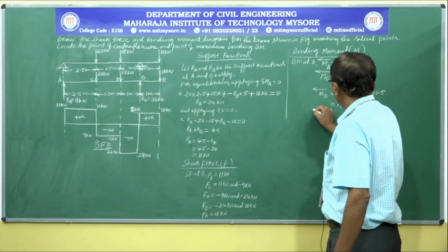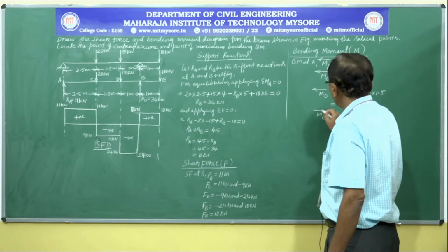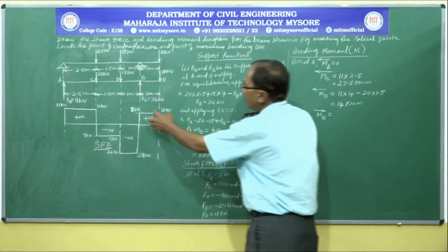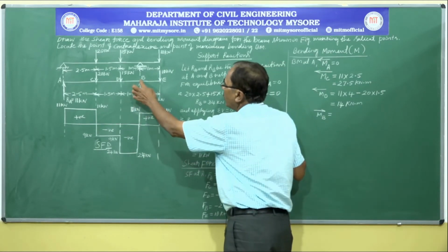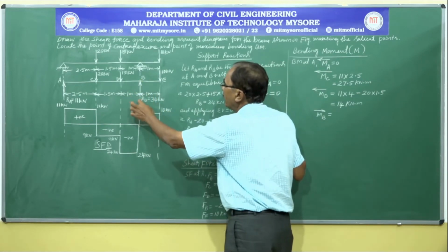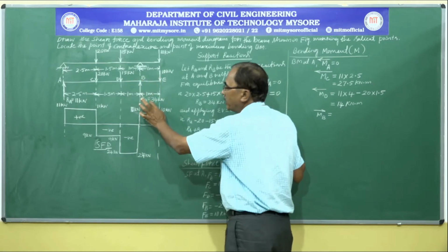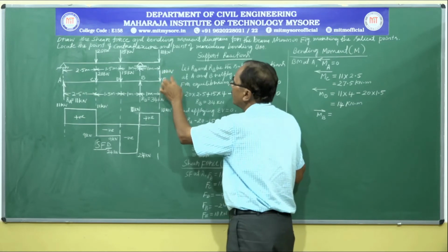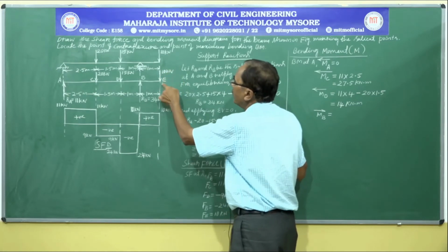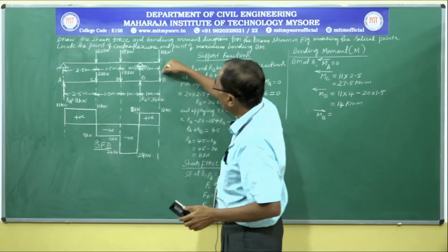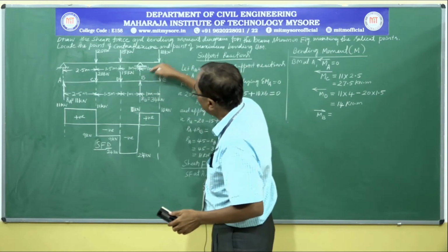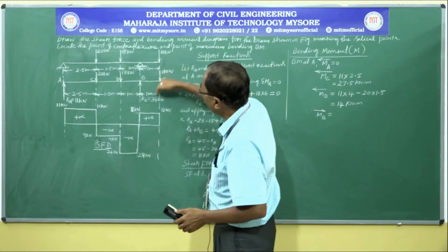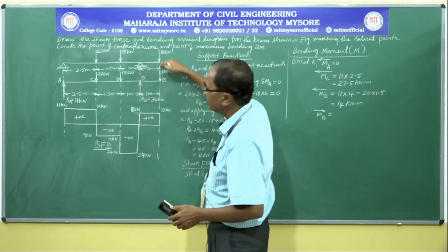So, bending moment at point B, MB, by considering forces to the right hand side is equal to, first consider this RB. RB acts at point B and will not create any moment, hence we are not writing that and we are not considering it. But a moment is there due to this 10 kilonewton acting at the free end, and this 10 kilonewton load will create a clockwise moment about point B. It will try to rotate the beam in the clockwise direction.